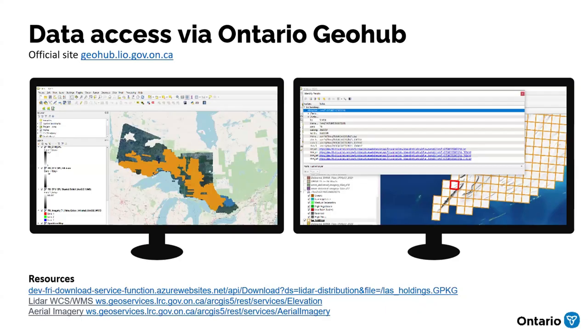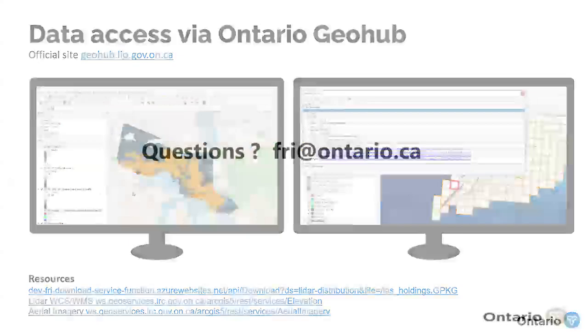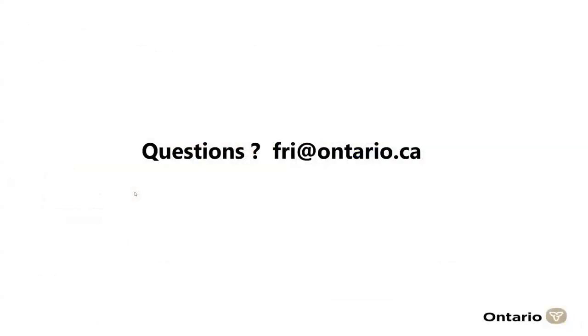Not all of the LiDAR data is currently available through this GeoHub portal, but we also have a partner portal where we are able to share all of the data products with our partners. So at that point, I'll leave it there and take any questions if you have any.